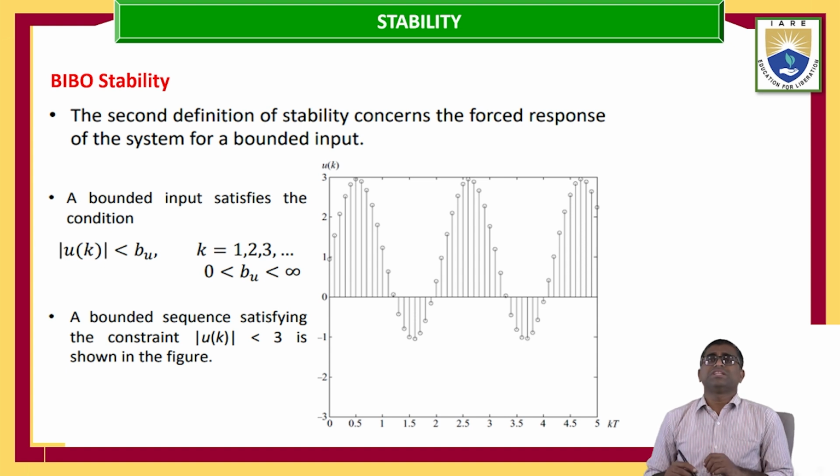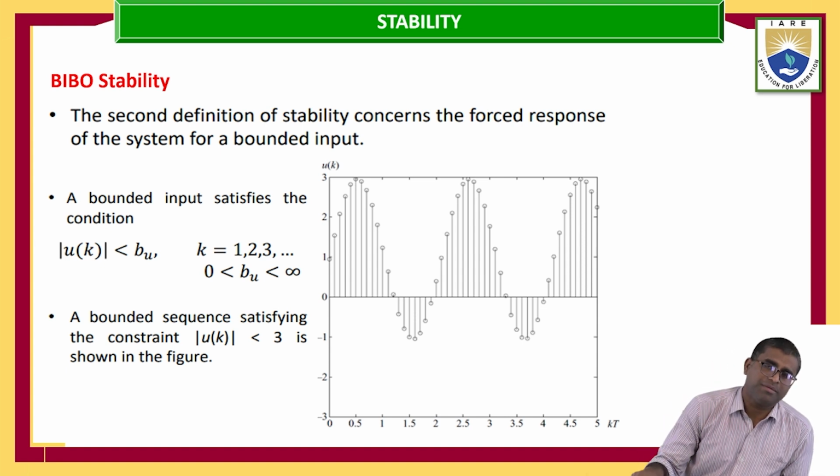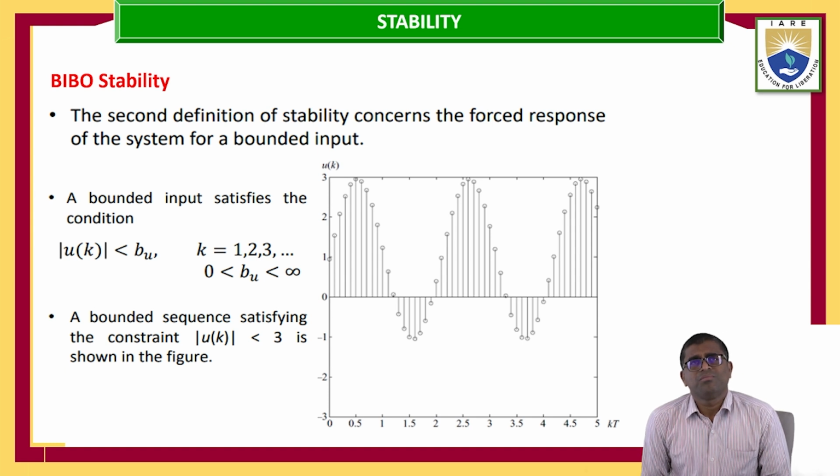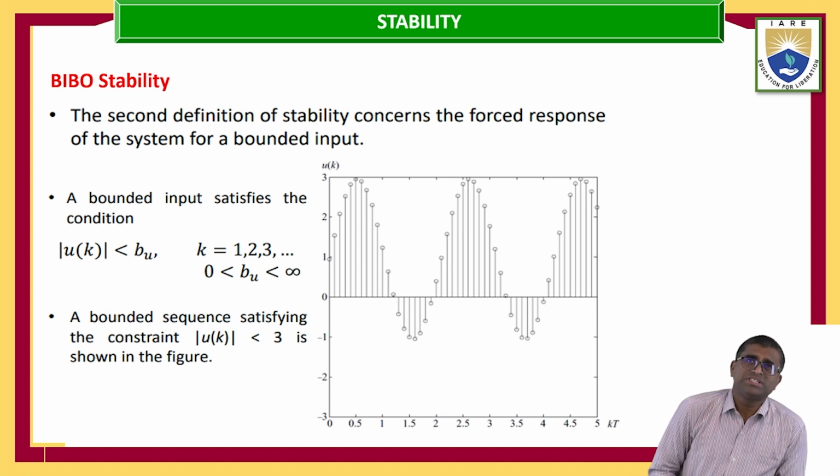Coming to the next one. BIBO stability is nothing but having bounded inputs and bounded outputs. That is the second definition of stability, considering the forced response of the system for bounded inputs.